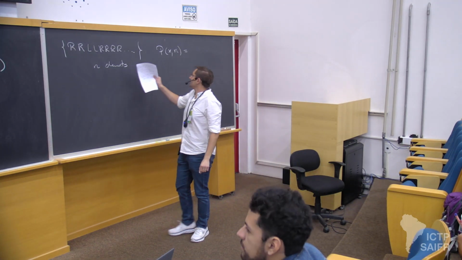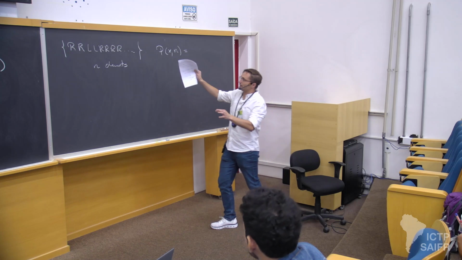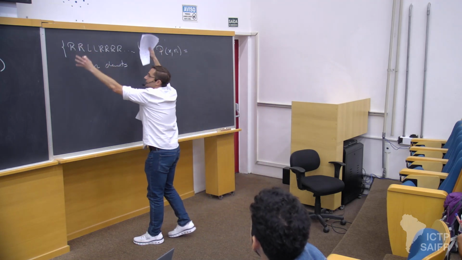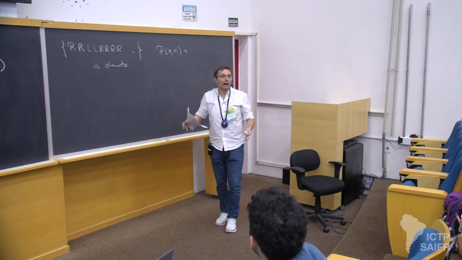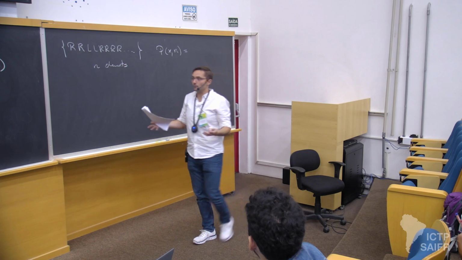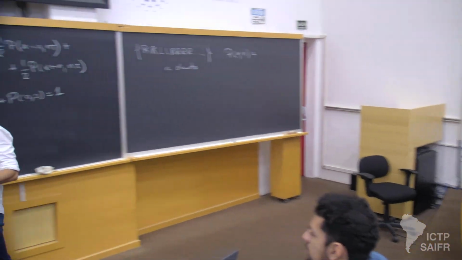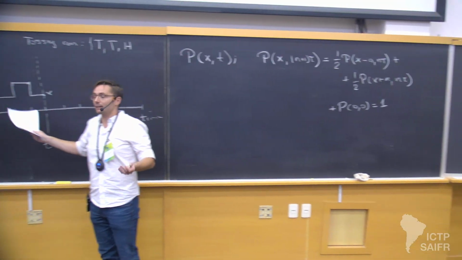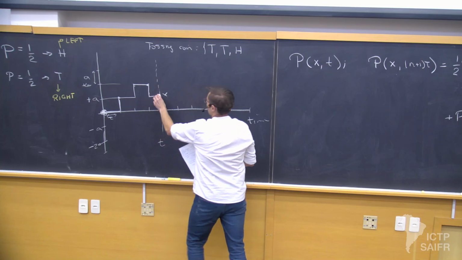So the first thing that I need to isolate is, from all the possible trajectories that I can generate, how many of those will take me to x? There are many ways in which I can go from 0 to x.